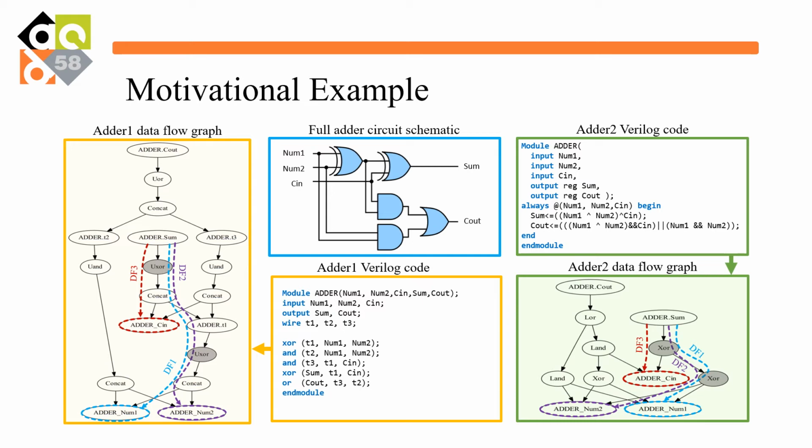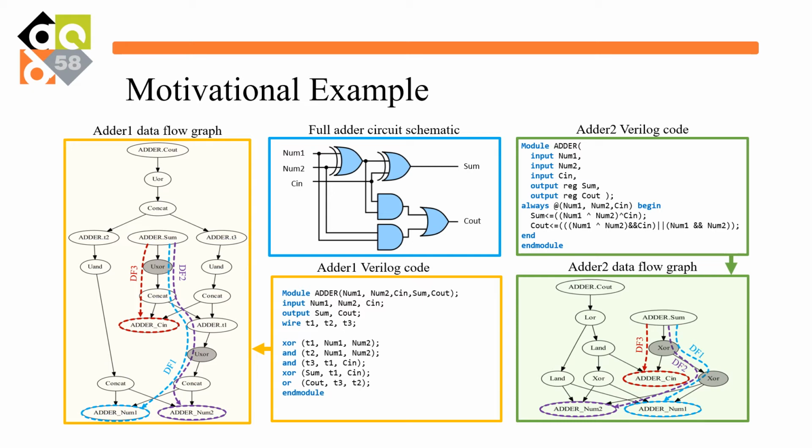The data flow graph expresses the signal dependency and the computational structure of the designs. At first glance, the generated data flow graphs for the adders seem different, but with a deeper look into the data flows, we can see that they are actually representing the same signal relation. For example, the output signal sum depends on the num1, num2, and Cin input signals through data flow 1, data flow 2, and data flow 3 respectively.